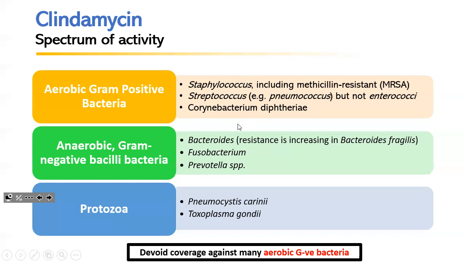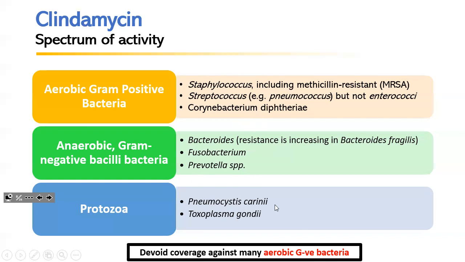Also, in addition to its antibacterial activity, it covers many of the protozoa, like Pneumocystis carinii and Toxoplasma gondii. So the Toxoplasma, you know, which animal carries the Toxoplasma mostly? Cats, yes. It is the infection that gets acquired from cats. So the treatment of toxoplasmosis is clindamycin, one of the options that could be offered to the patients.